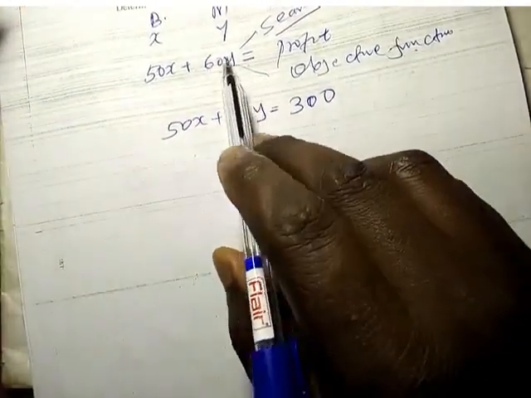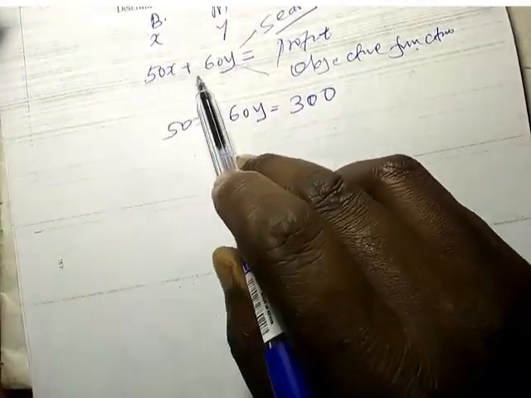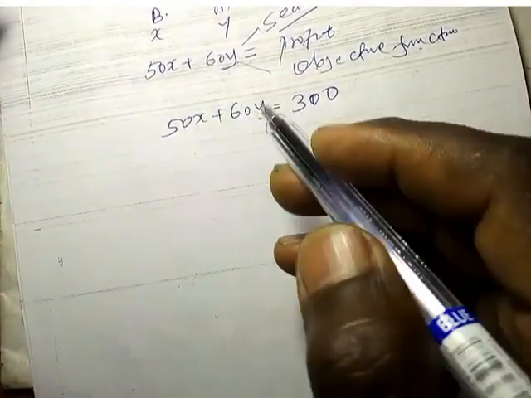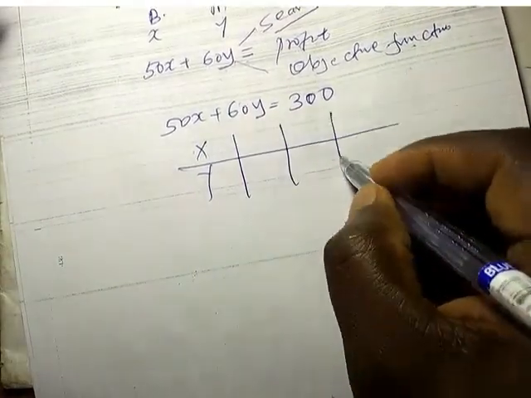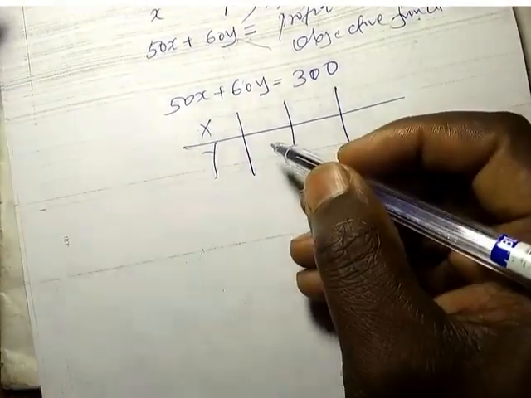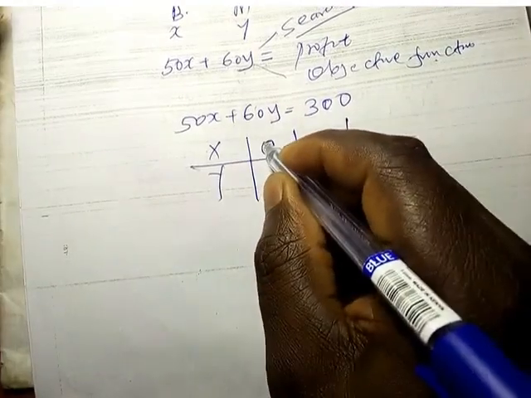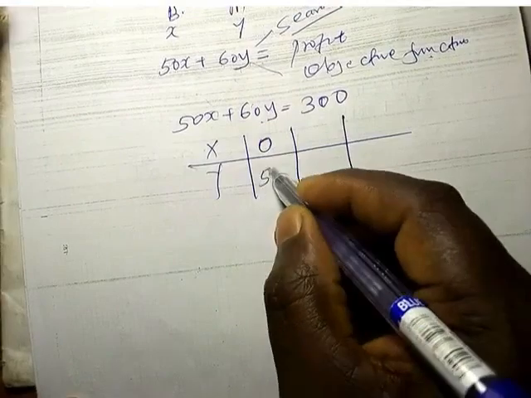So when I equate the objective function to the LCM, the reason why we equate like this is that we want to create the values of x and y so that we get the search line. So when x is 0, y will be 50.